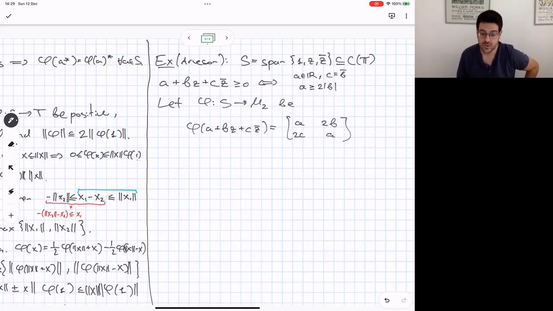This is, of course, linear, and it is also positive, right? Because for a 2 by 2 matrix to be positive, you need the diagonal elements to be positive and the determinant to be positive. And it will be positive exactly when a plus bz plus c z bar is positive.